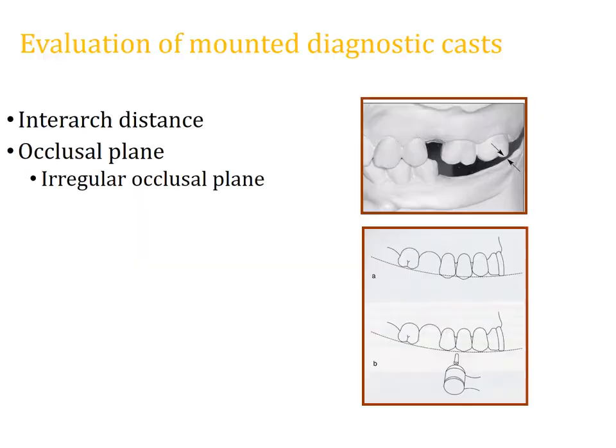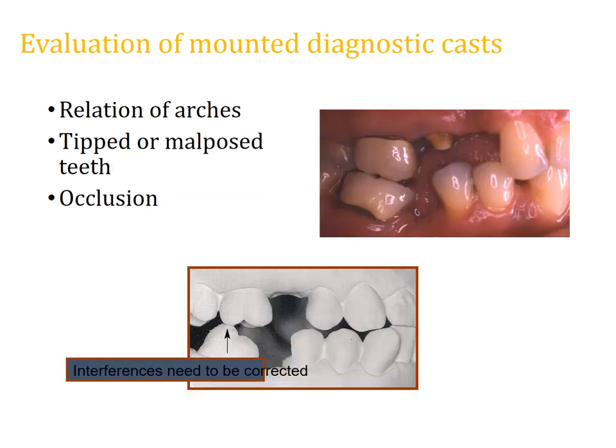Evaluation of the diagnostic cast is very helpful to check for any supraerupted teeth, interarch space, ridge relationship, and any undercuts. All these things can be checked with a diagnostic setup.